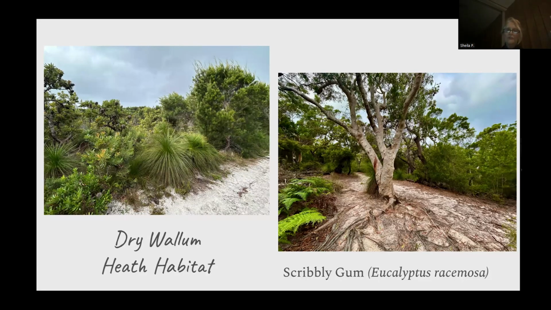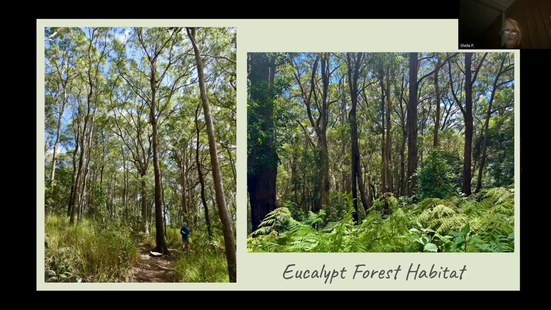So if we move further inland, we reach some beautiful eucalypt forests. It's a little bit cooler, the elevation a little bit higher, a little more rain, the soil's a little bit more fertile, and we'll see some species from that habitat as well.